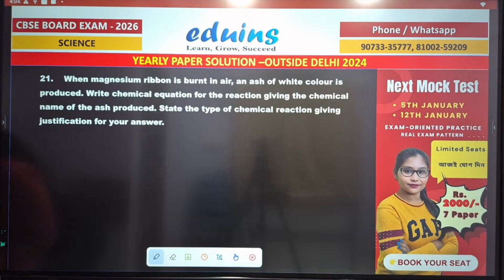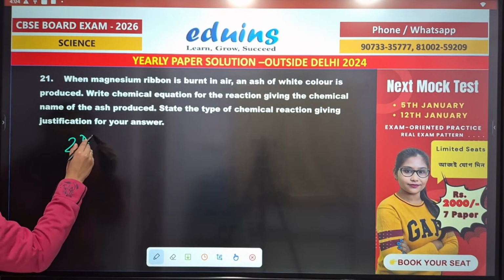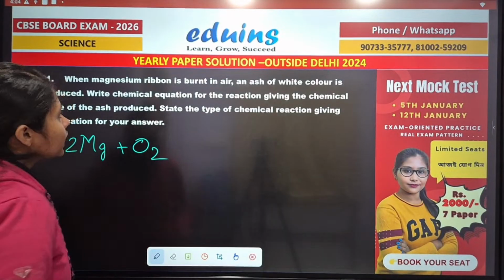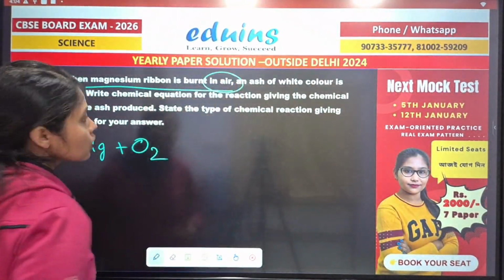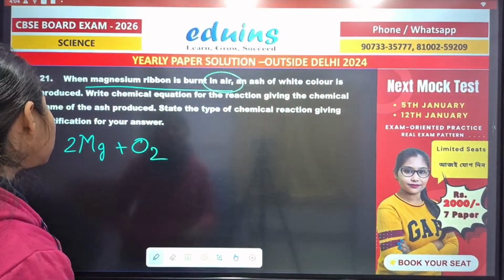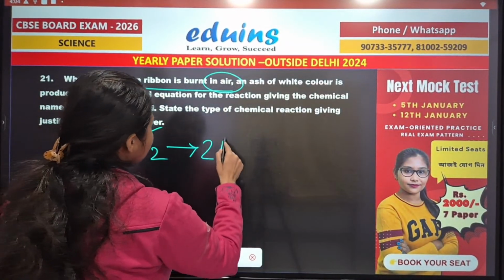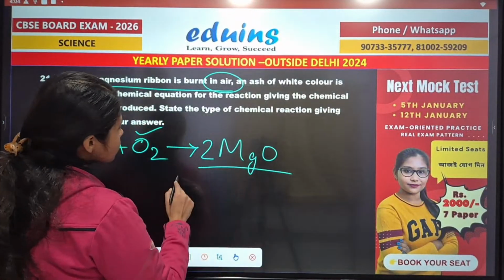So, 2 Mg plus oxygen, because the magnesium ribbon is burnt here. So, what will be the agent? Oxygen. That produced 2 MgO, that is magnesium oxide.